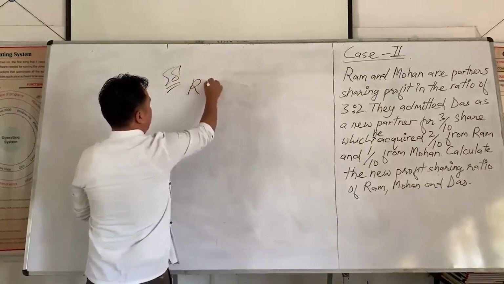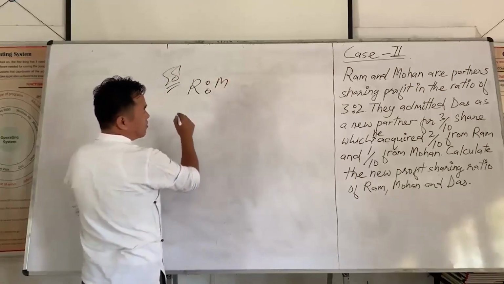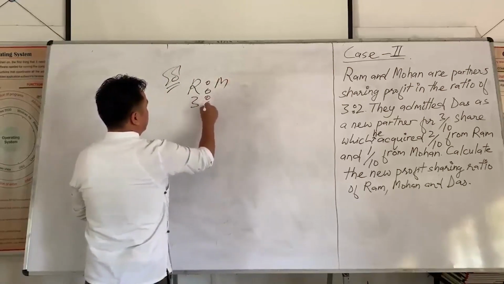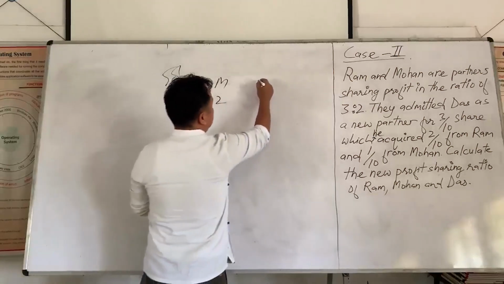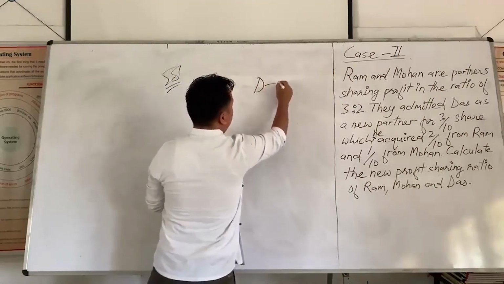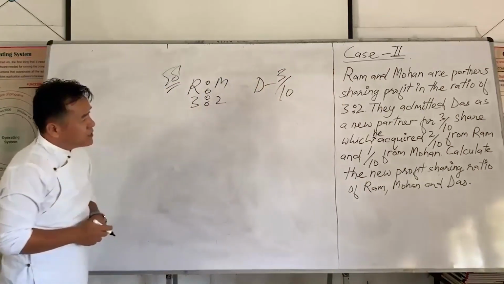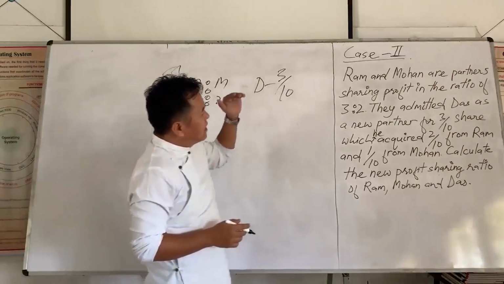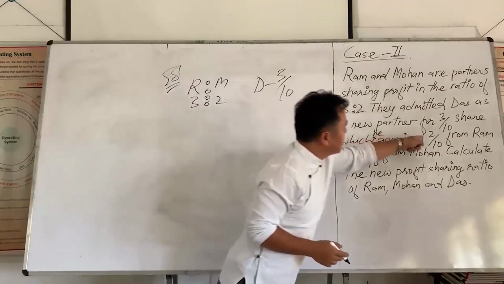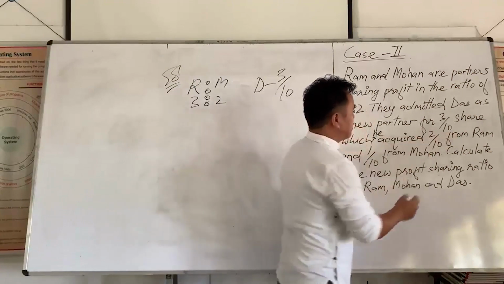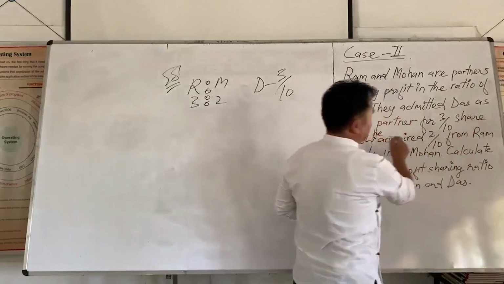Now, here Ram and Mohan are partners. What is the profit sharing ratio? 3:2. And they admitted whom? Das, for 3 by 10 share. Now say, if Das gets 2 by 10 from Ram, which means Ram sacrifices 2 by 10 in favor of Das.